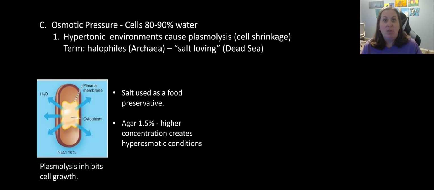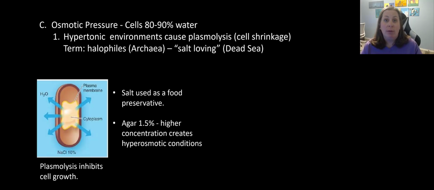The next physical characteristic for growth is going to be osmotic pressure. Osmotic pressure is talking about the water concentration. Cells are about 80 to 90% water. So how much water is found outside of the cell, and at what concentration, is going to determine what happens to that cell.